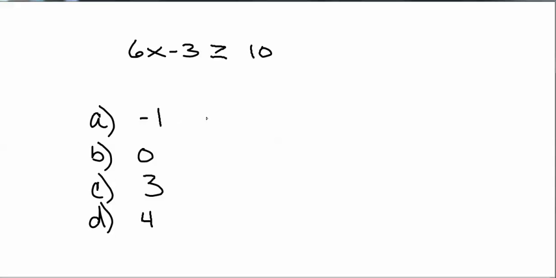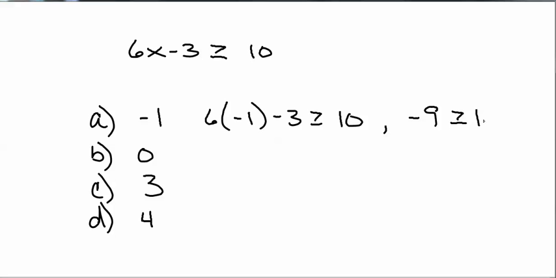So for A, you got to do 6 times negative 1 minus 3 greater than or equal to 10. What's 6 times negative 1? Minus 3. Negative 9. Is negative 9 greater than or equal to 10?